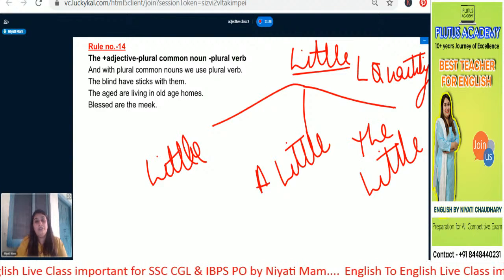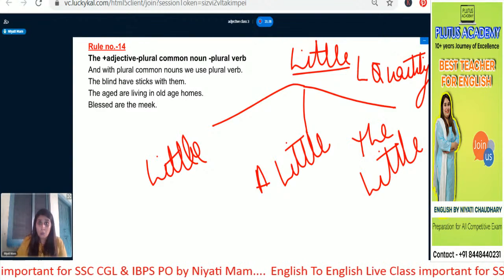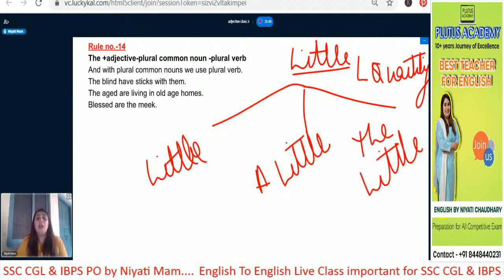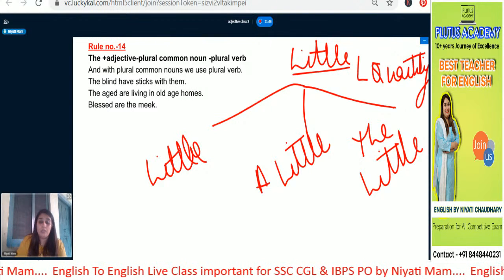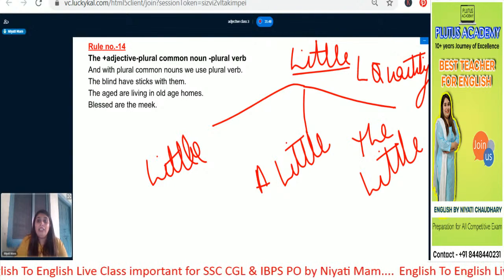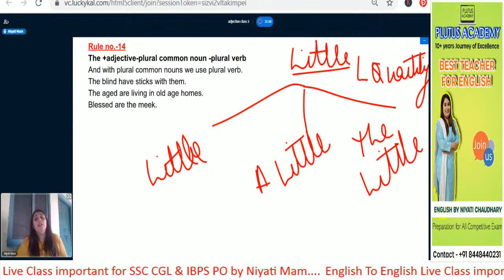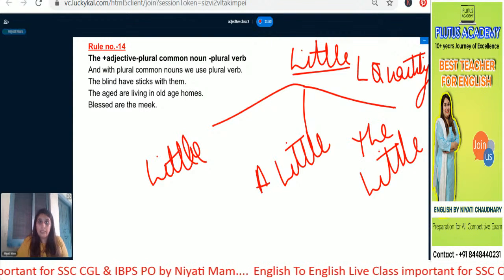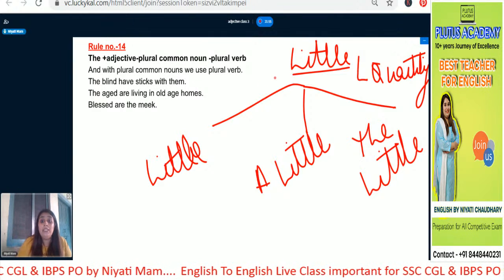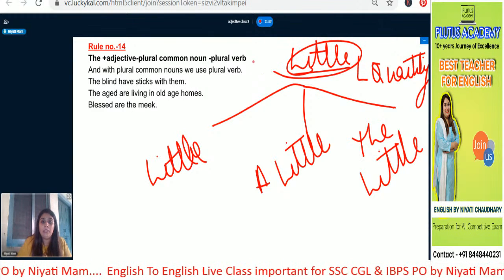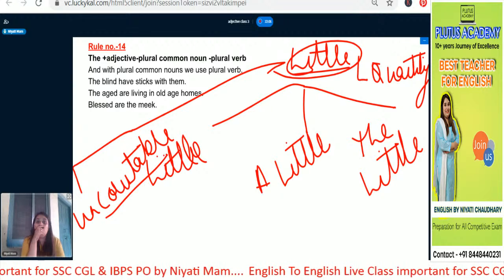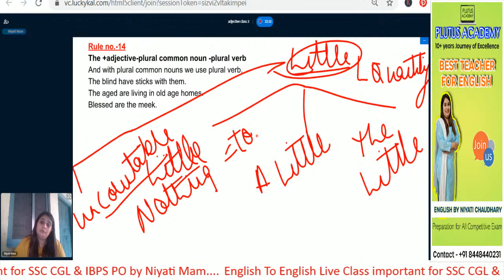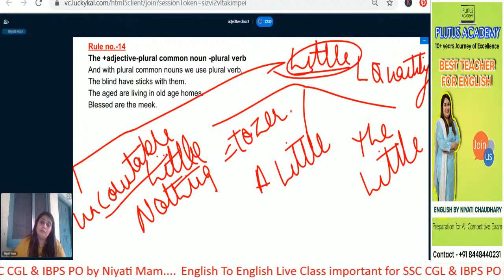We can count countable nouns, and we consider quantity for uncountable nouns. Is it clear now? So which means we can only use little equivalent to 0.